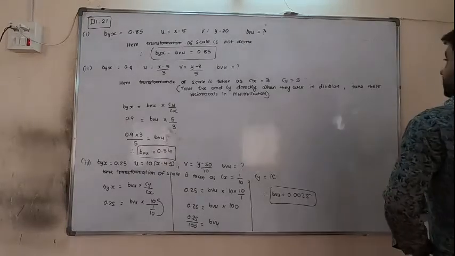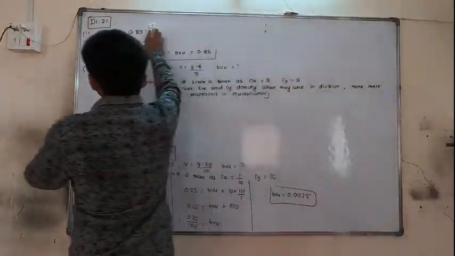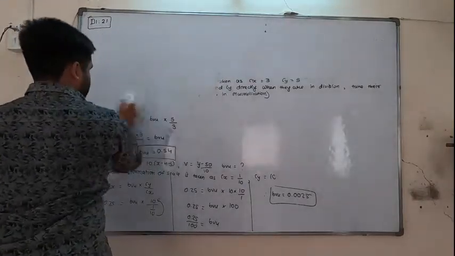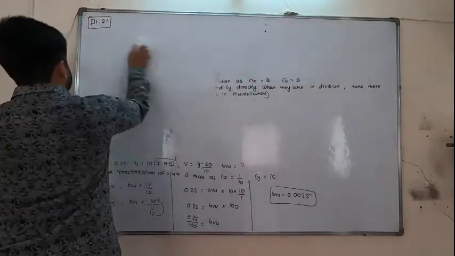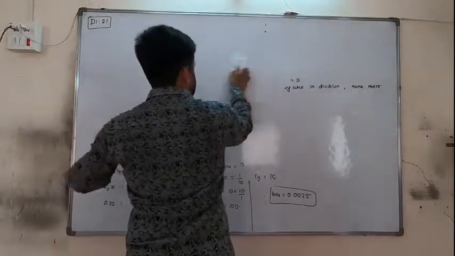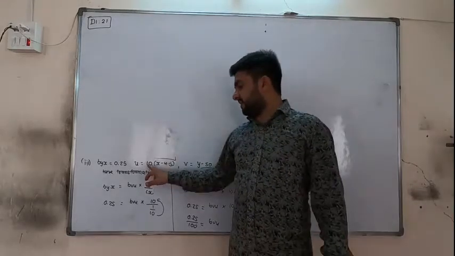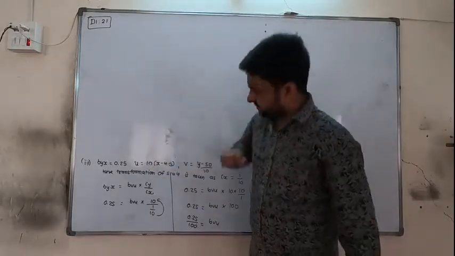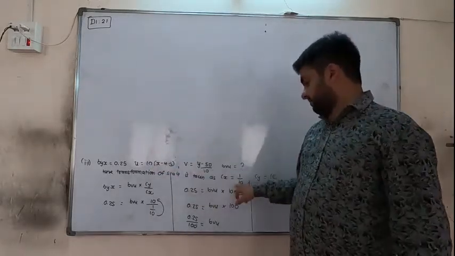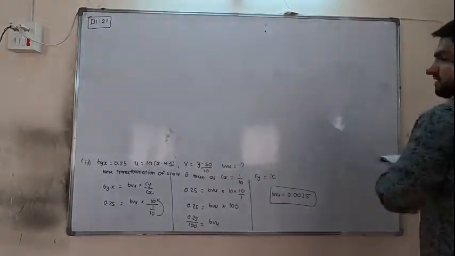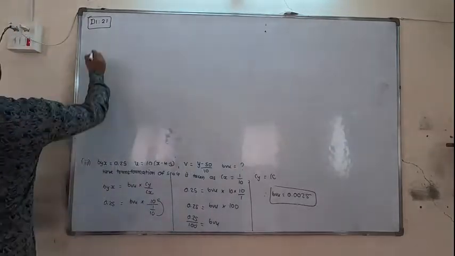Okay, so now the last is left. Solve here. Only one thing is to be remembered, that whenever it is given in multiplication, take its reciprocal, and whenever in division, take it direct. Okay, only one thing is required, otherwise these sums are very easy.